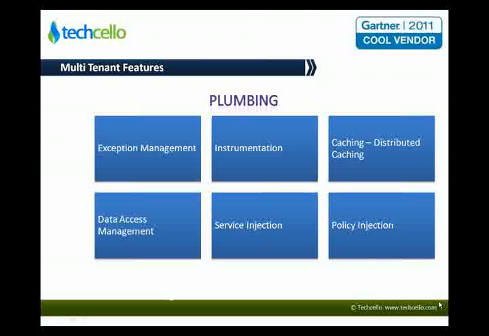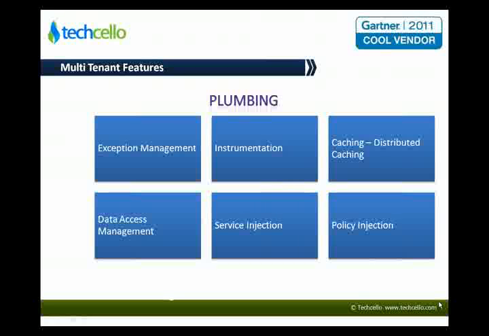So having very loosely coupled services that are discovered at runtime would help you solve a lot of these problems. A policy injection gives you the ability to inject code at various levels of operations of your product. It helps you in bringing in aspect-oriented programming.